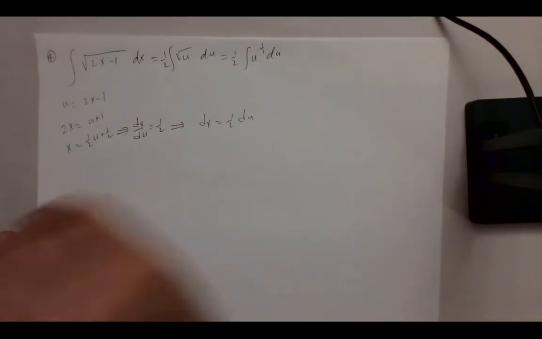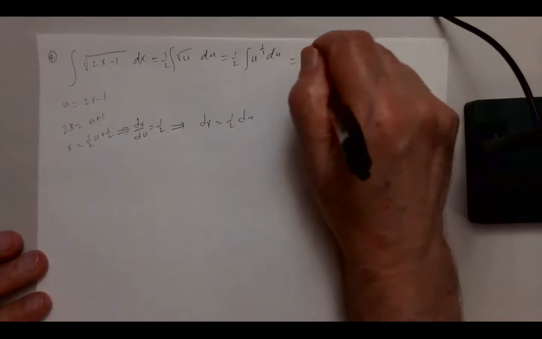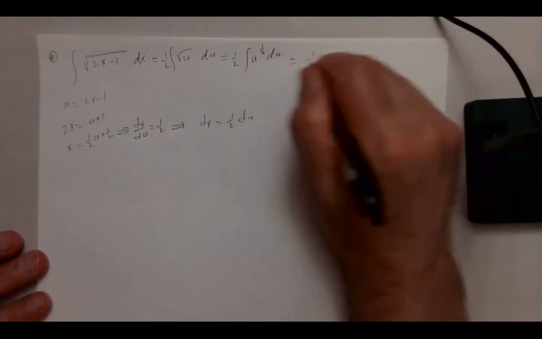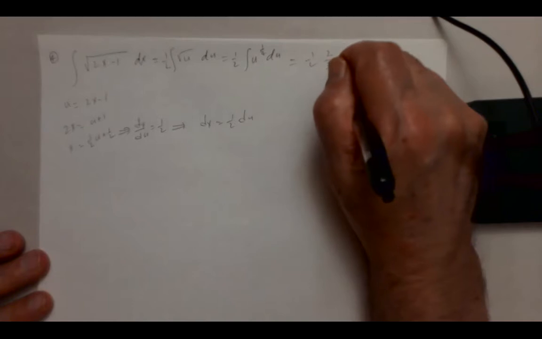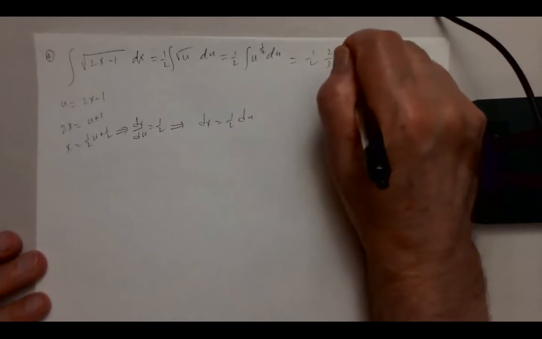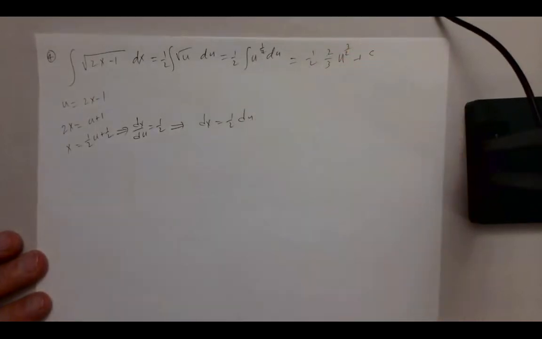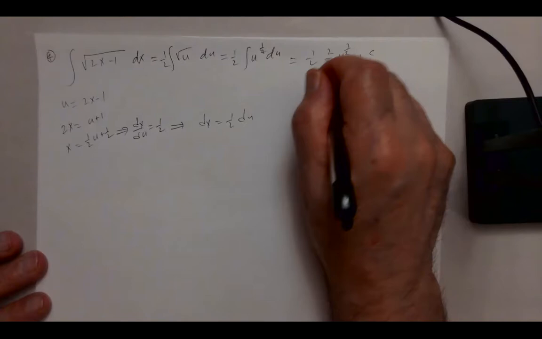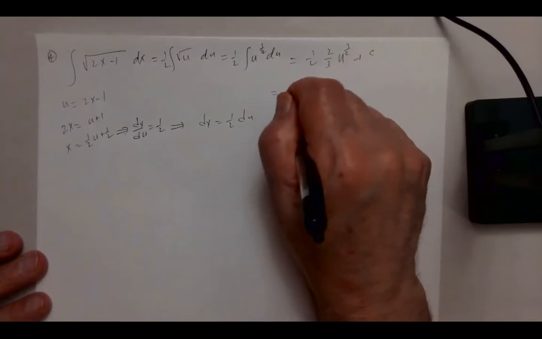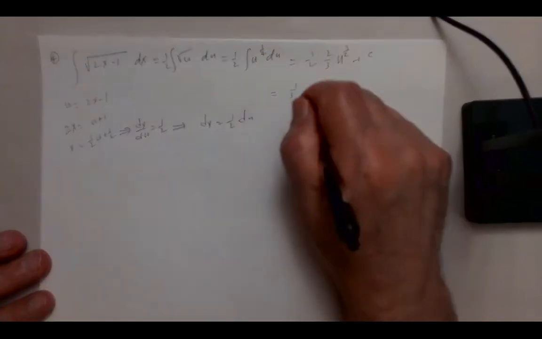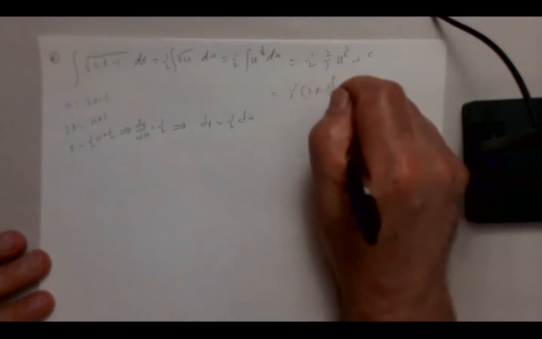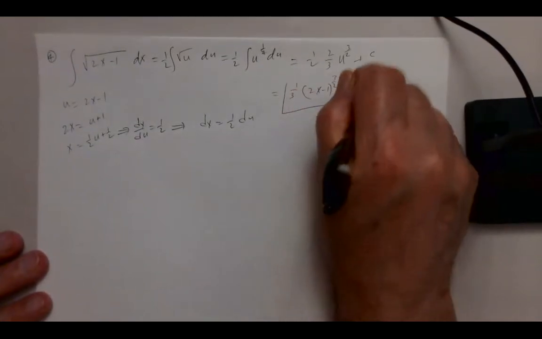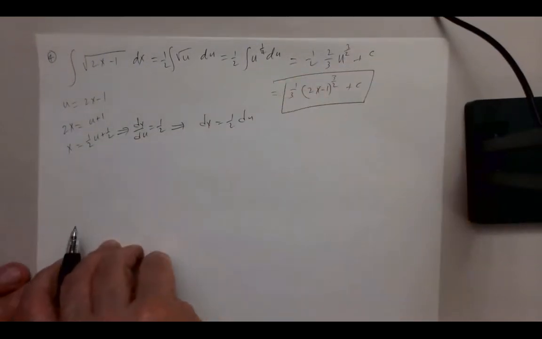We know how to integrate a power of a variable. You add 1 to a half, you get 3/2. The reciprocal is 2/3, u to the 3/2 plus a constant. A half times 2/3 is 1/3 times (2x minus 1) to the 3/2 plus a constant.